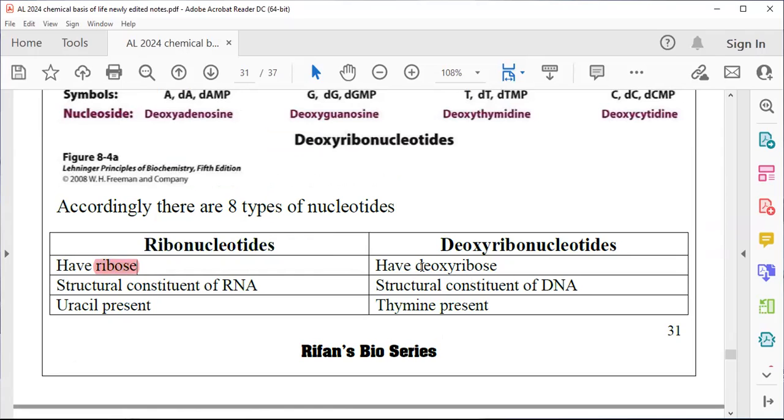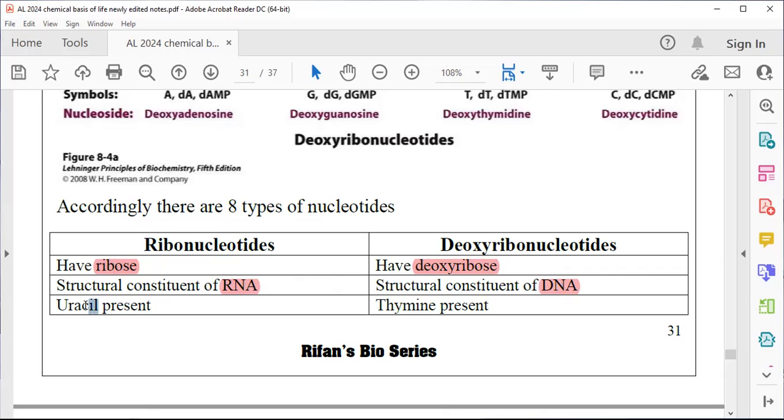Deoxyribonucleotide means what is the sugar there? Deoxyribose sugar. Ribonucleotides are making the nucleic acid called RNA. Deoxyribonucleotides are making the nucleic acid called DNA.